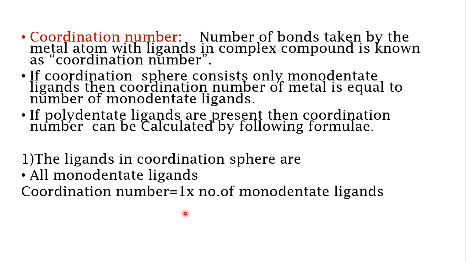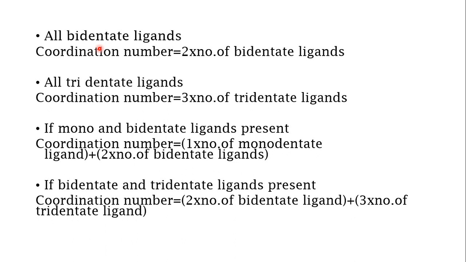If all are bidentate ligands, each is coordinated with the metal through two donor atoms, so the coordination number is 2 into the number of bidentate ligands. If there are 2 bidentate ligands, then 2 into 2, the coordination number will be 4.